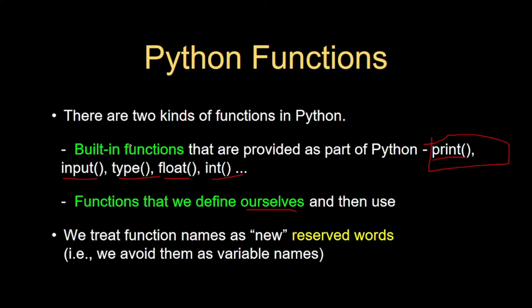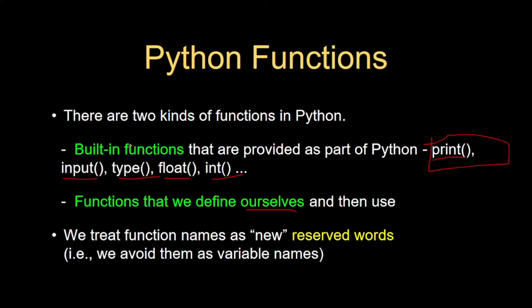We avoid keywords. When you define functions by yourself, or custom functions, you should take care to avoid keywords or Python reserved words like return, like float, like input, like int, and the like. These are Python reserved words.